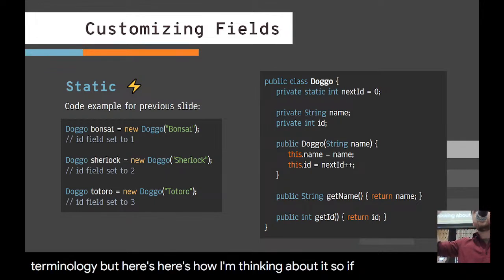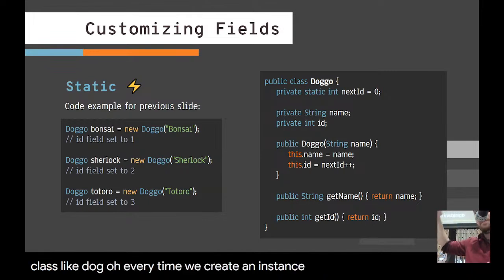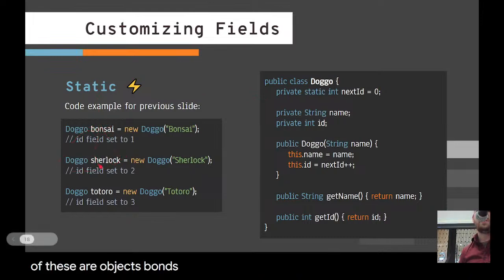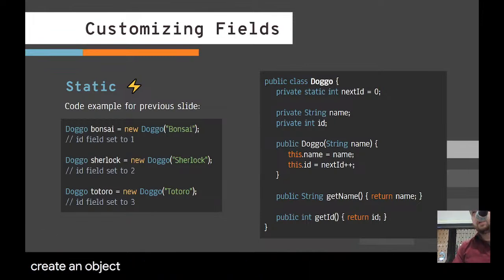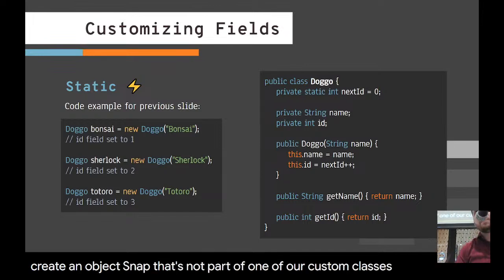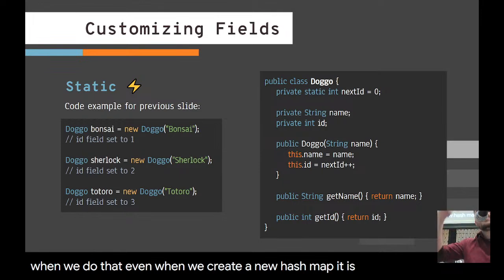So if we have a custom class like Doggo, every time we create an instance of the custom Doggo class, all of these are objects. Bonsai, Sherlock, etc. Hypothetically, in Java, we could create an object like a hash map that's not part of one of our custom classes. But even when we create a new hash map, it is an instance of the class.